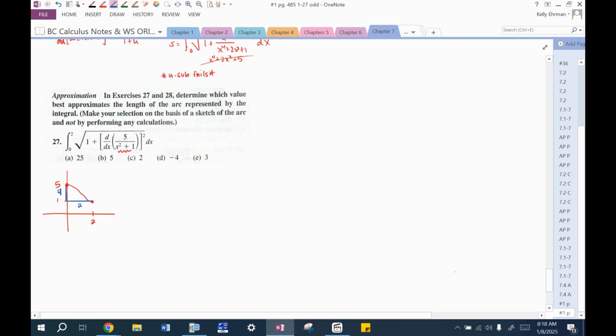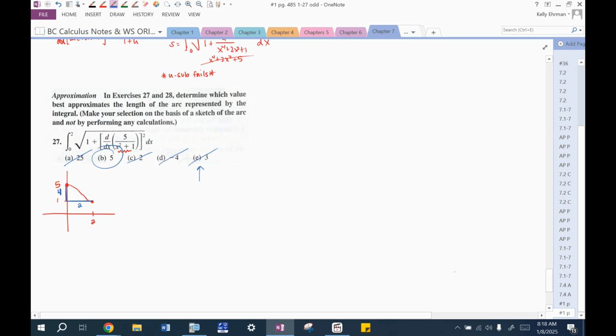And I could see if it's reasonable to say that the third leg would have to be bigger than 2 and bigger than 4. So negative's out, 25 is too big, 2's out. I think it's got to be 5, except if I remember correctly, the book said 3.